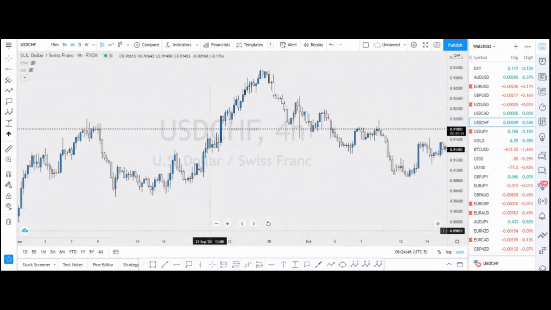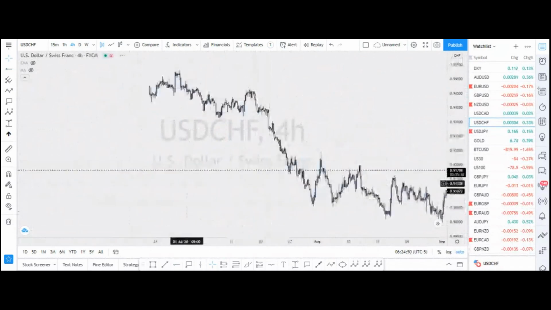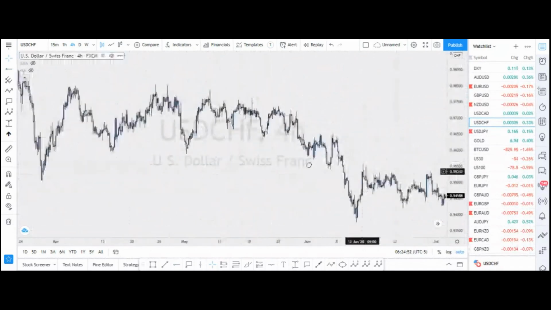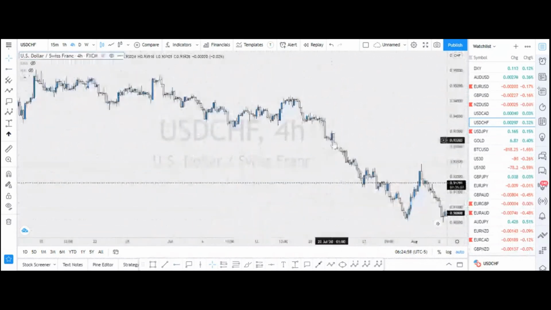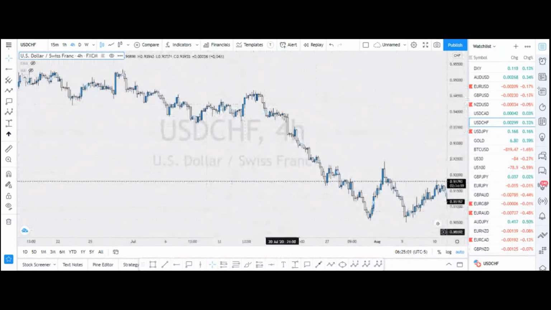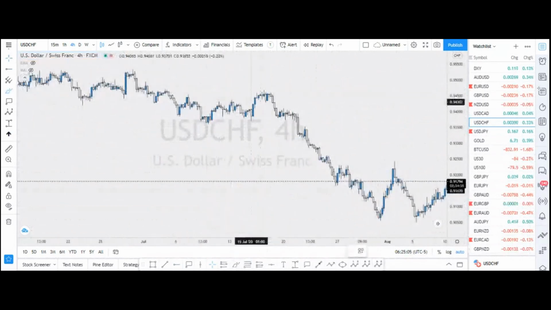Let's see if we can find the head and shoulders pattern right here. Okay, we have one right here, but it's not very perfect, but I could still consider it the head and shoulders pattern. We have the left shoulder, the head, then the right shoulder.